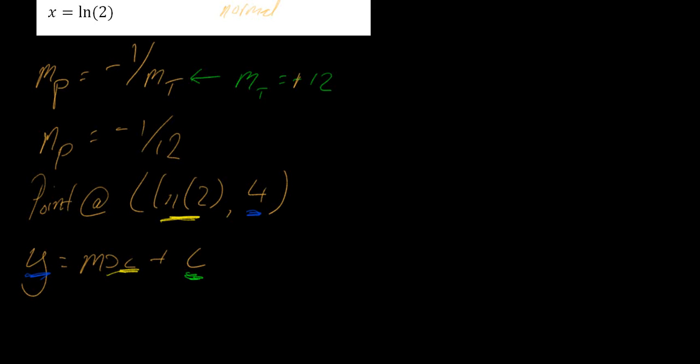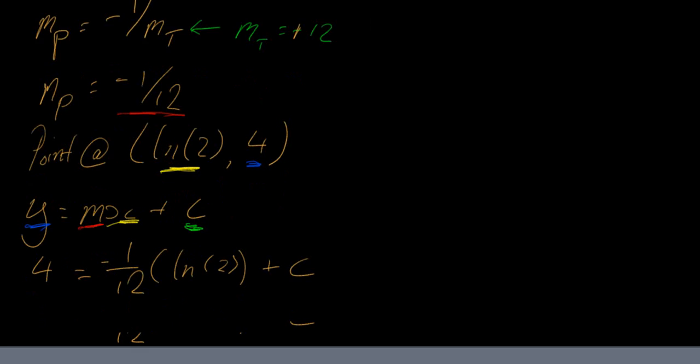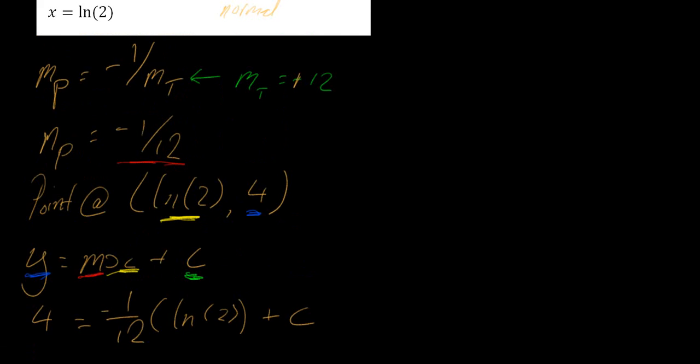And mp, negative 1 on 12, into our gradient. So putting that all together will give us 4 equal to negative 1 on 12, x is now ln2, plus c.